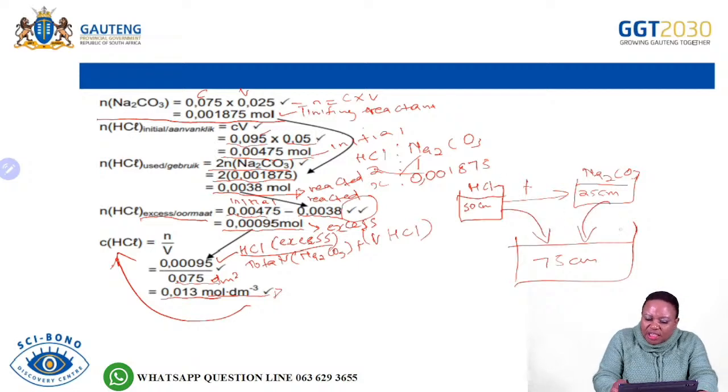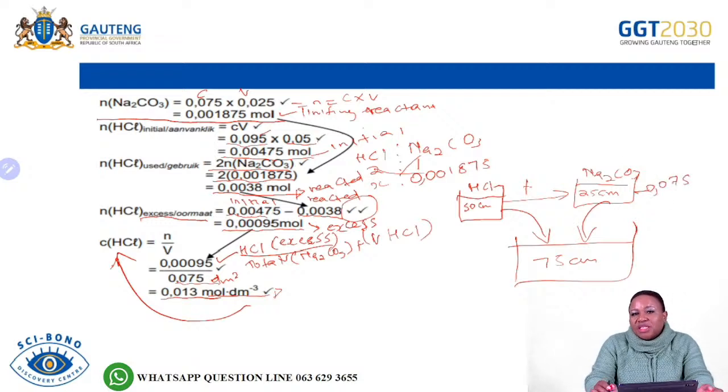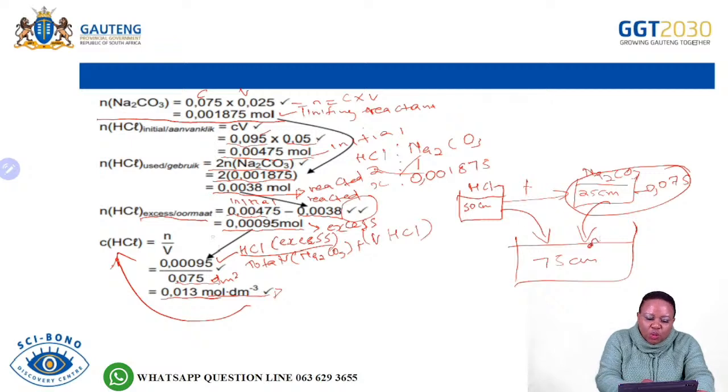But what I know is that I also knew the concentration of this one, which was provided to me because this is my standard solution, from which I can find the number of moles that will go into this beaker, and that is what we calculated initially, the number of moles of Na2CO3. We find that the number of moles in this beaker is 0.001875.